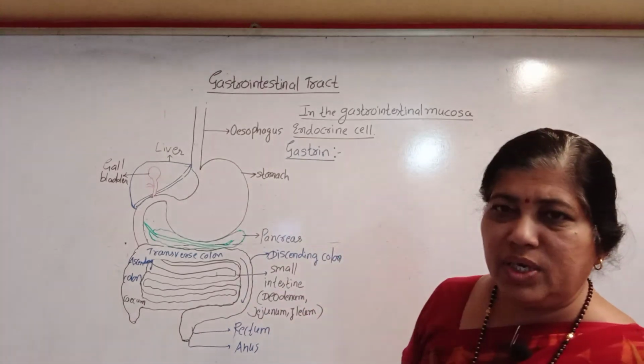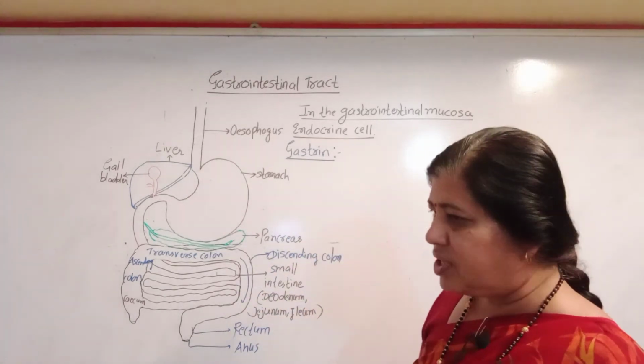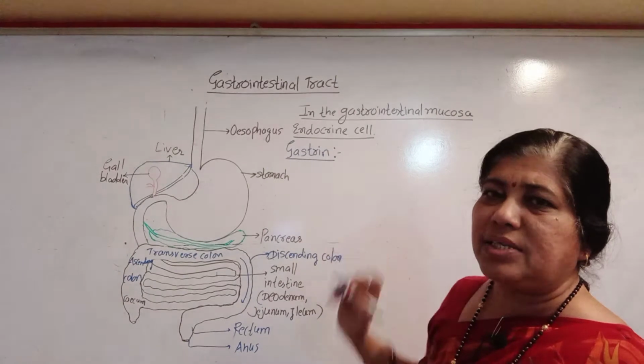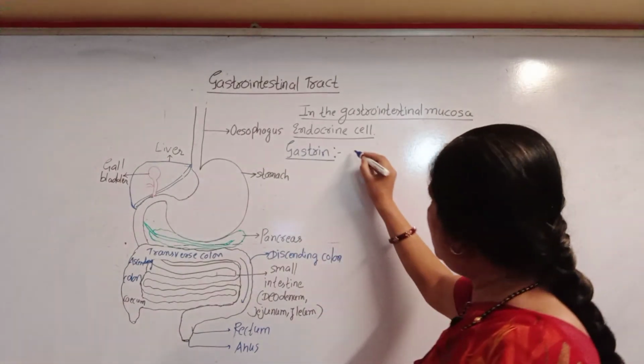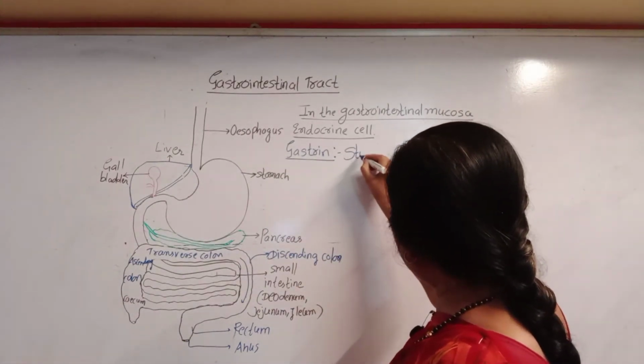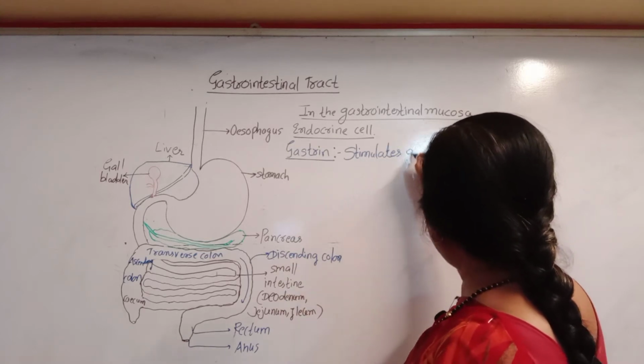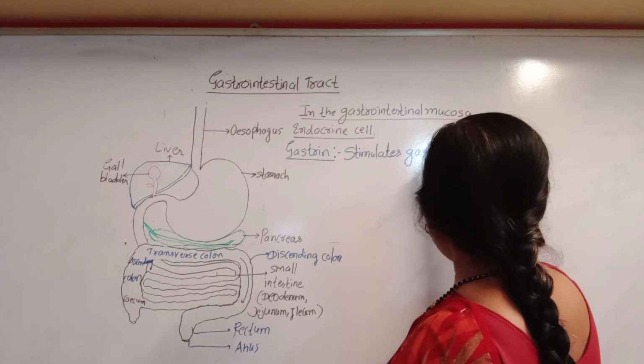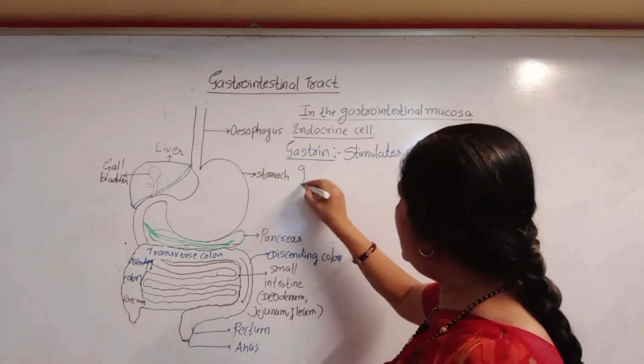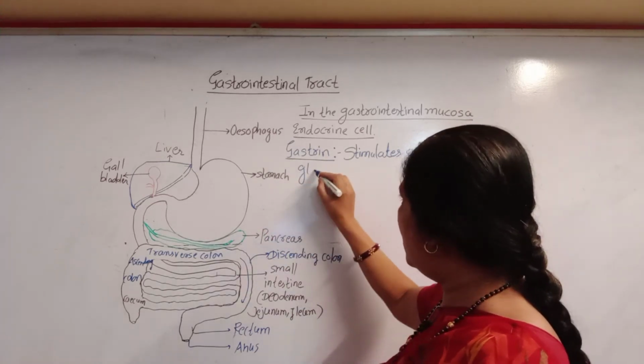So the first hormone is gastrin. This hormone gastrin stimulates gastric glands, which are present in the wall of the stomach.